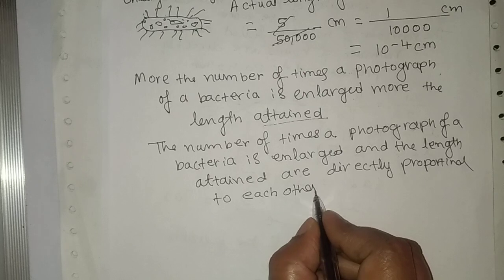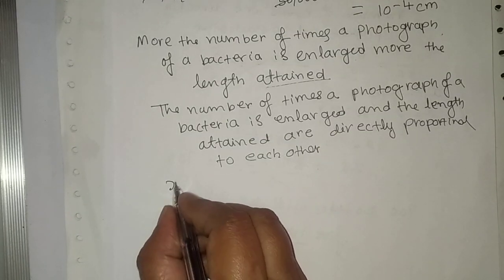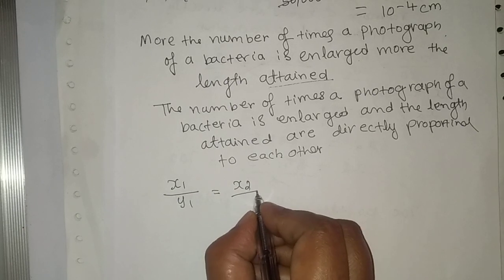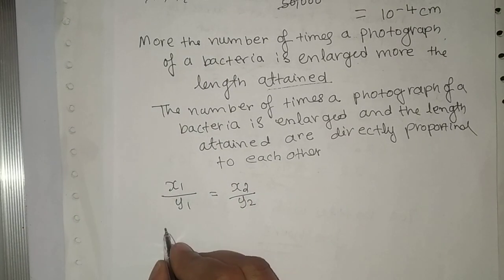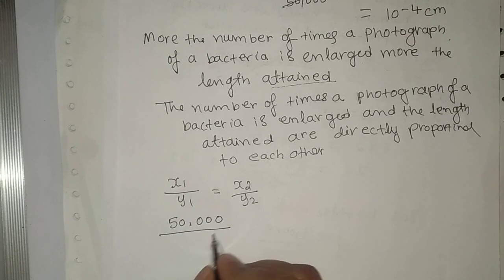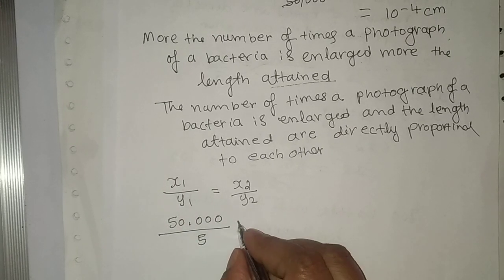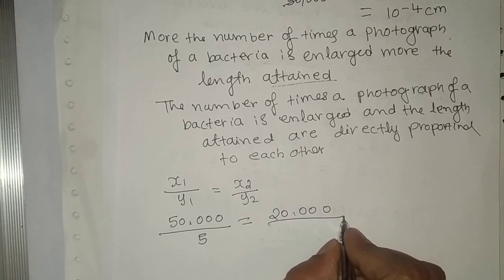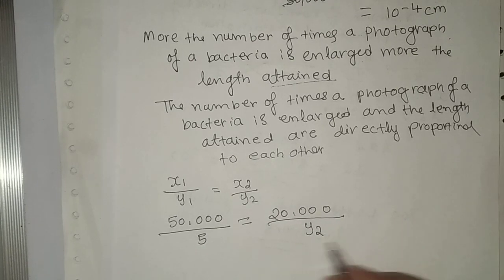So same as the previous problem, x1, y1, x2, y2. So 50,000 by 5 is equal to 20,000 by y2.